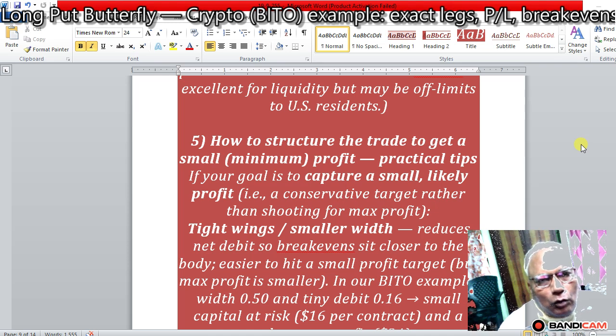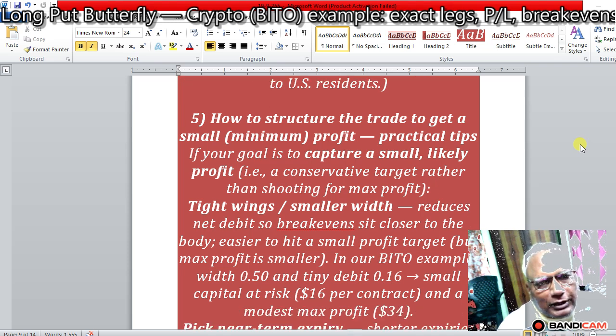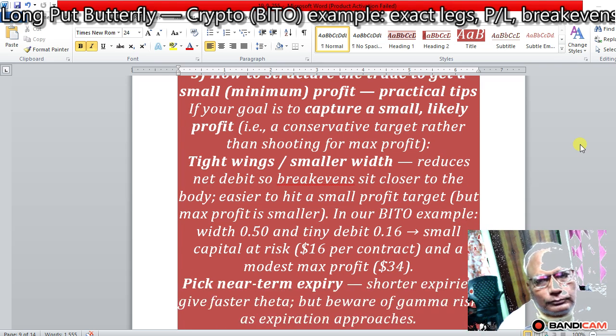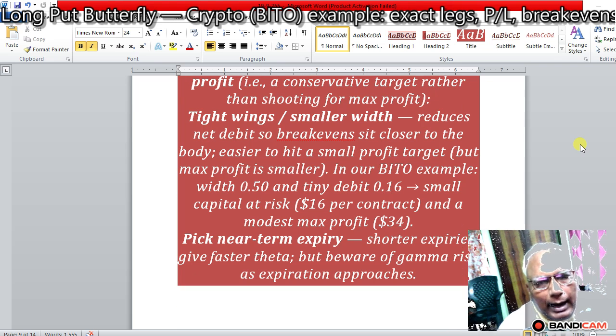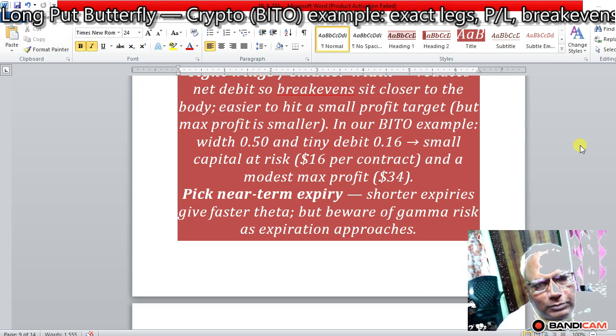Fifth, how to structure the bet. Tight wings, smaller width, reduce net debit so breakevens sit closer to the body, easier to hit with a small contract, and the model maximum profit is $34. Pick a near-term expiry.